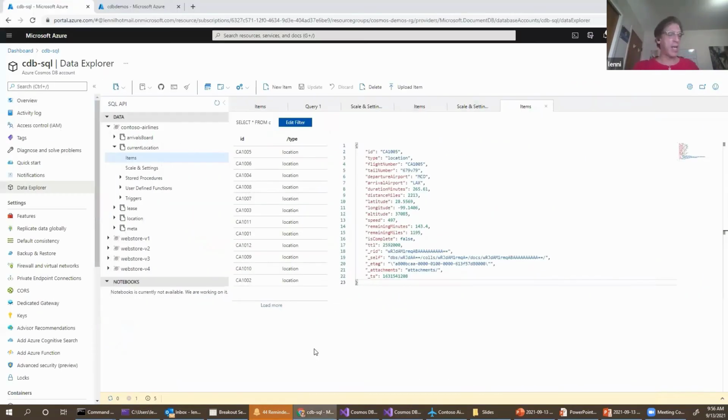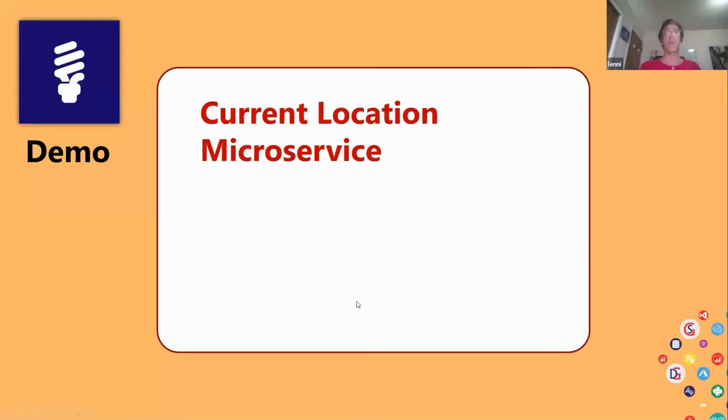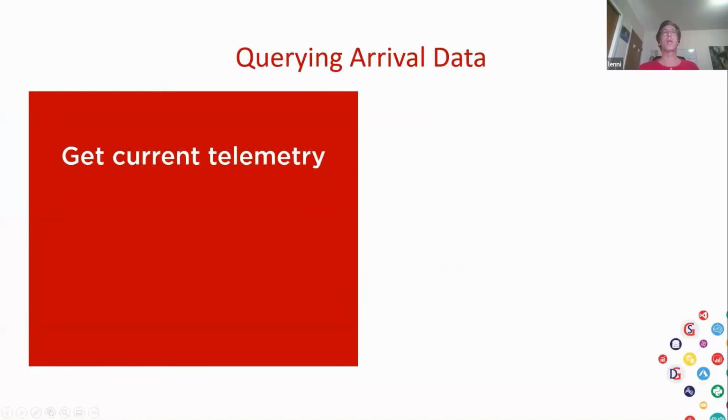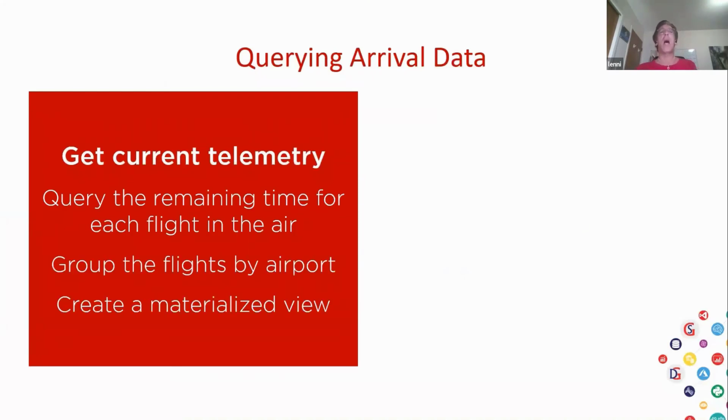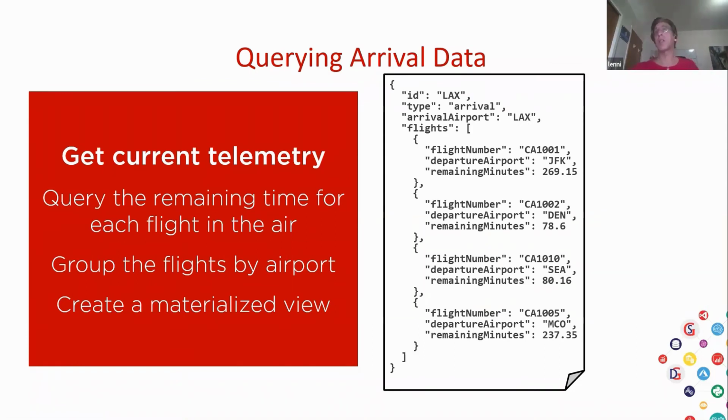And I'm not going to get into the details of the complexity of the next microservice that I have, which is the arrivals board microservice, because again, you need to take the information about the current flights and group them by airport in order to give you a nice document that looks like this, that shows that arriving at LAX are these 4 flights with these remaining minutes.